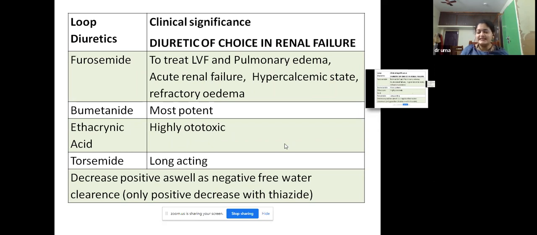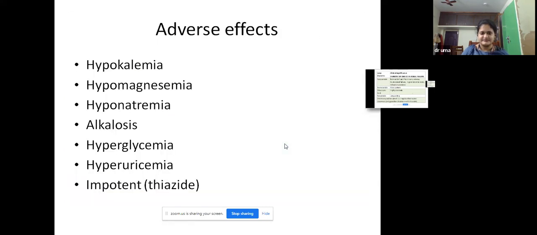But thiazides decrease only the positive free water clearance. So the adverse effects with thiazide and loop diuretics: they cause hypokalemia, hypomagnesemia, hyponatremia, alkalosis, hyperglycemia, and hyperuricemia, and impotency is more common with thiazide diuretics.